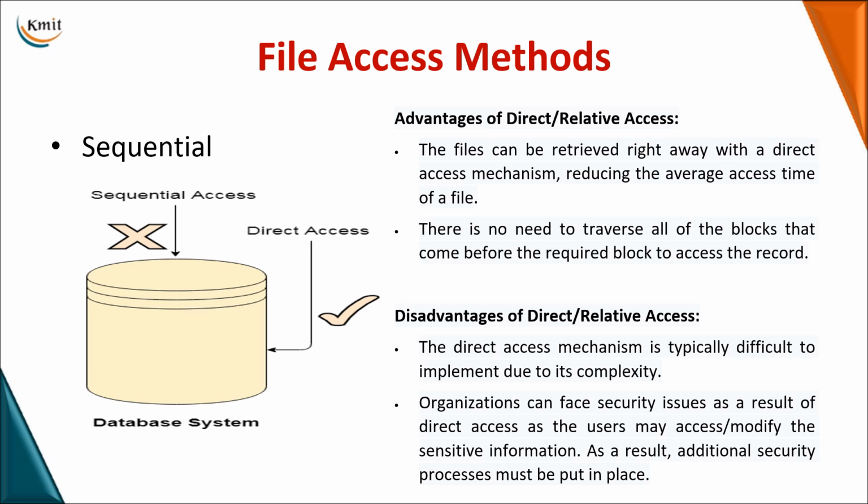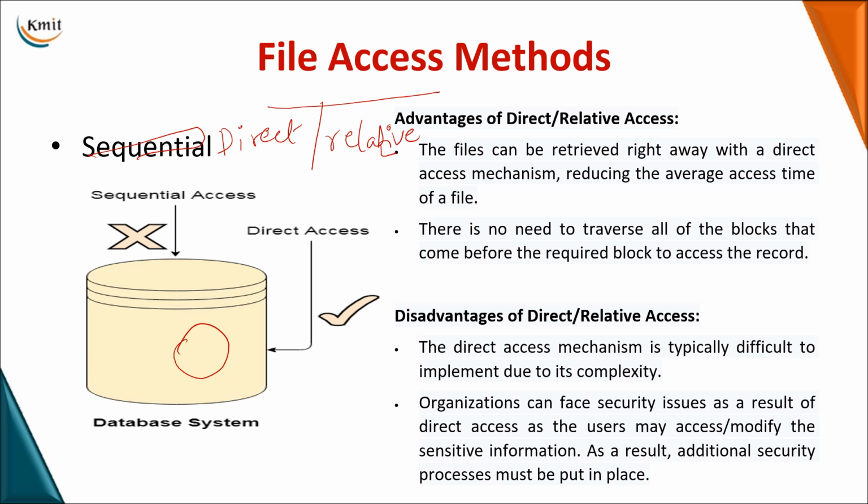The next file access method, this is not sequential, we call it direct. The previous one was sequential. So the direct access method, or we even call this the relative method. Here, instead of going through the records one after the other, you directly go to the record which you want to read or write.